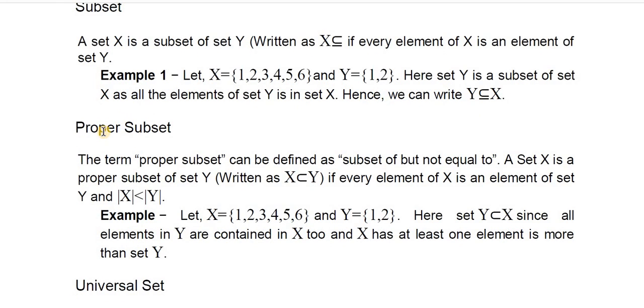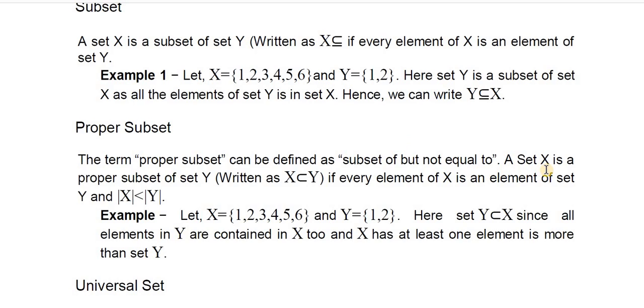Next, proper subset. The term proper subset can be defined as a subset of but not equal to. Yet a subset কি আছিল? Equal to হ'ব পাৰে, কিন্তু ইয়াতে equal to হ'ব নোৱাৰে। এটা set and সেইটো সেটৰ equal হ'ব নোৱাৰে। কিন্তু ইয়াতে সাবসেট হ'ব লাগিব অকল.